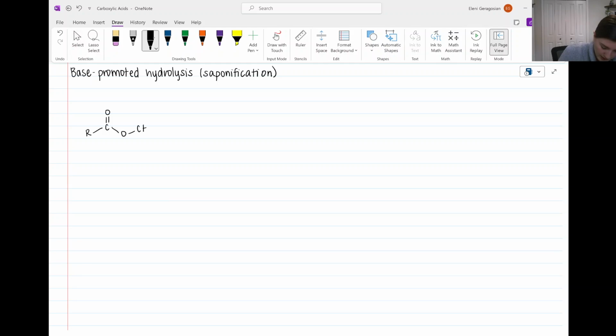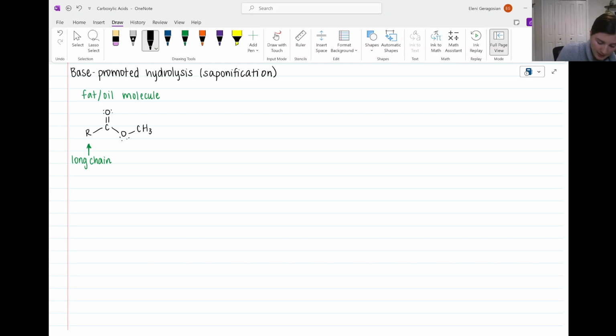We'll have an ester with a methyl group bonded to that oxygen. But we start with a fat or oil molecule, which means this R group is a long chain. I'll show you a specific example in a little bit.